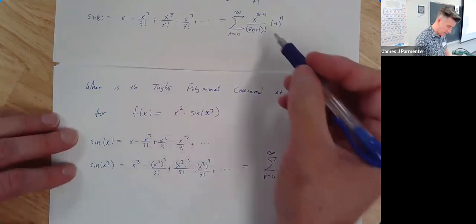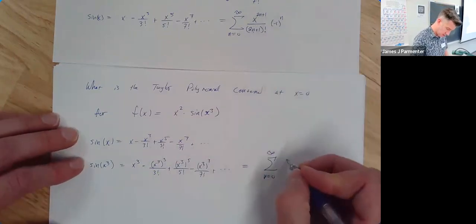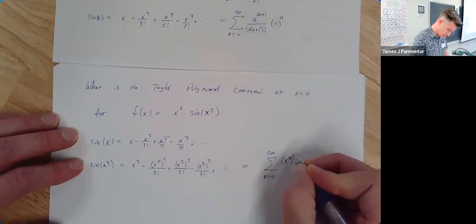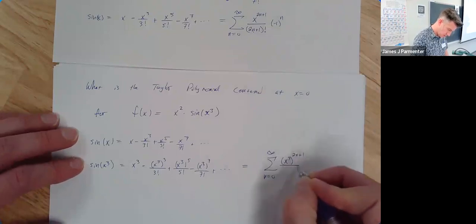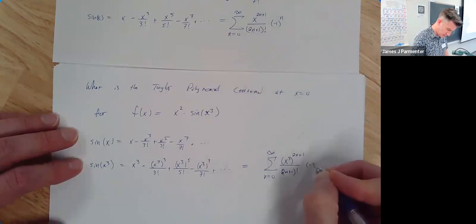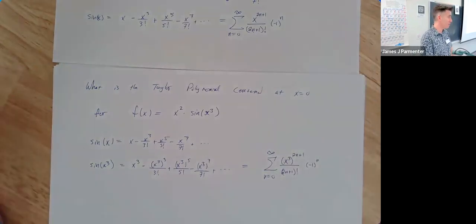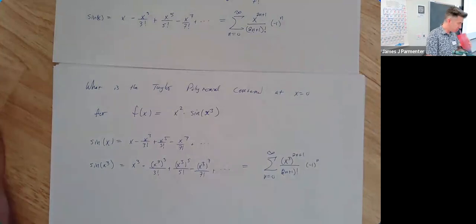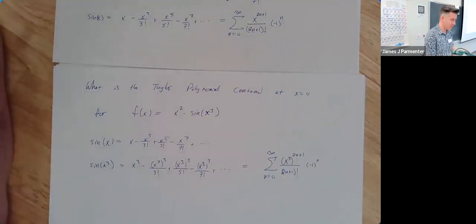Instead of x to the 2n plus 1, it's going to be x cubed to the 2n plus 1 over 2n plus 1 factorial times negative 1 to the n. Questions? In most cases we know the common Taylor series, but this is just a different form of it.